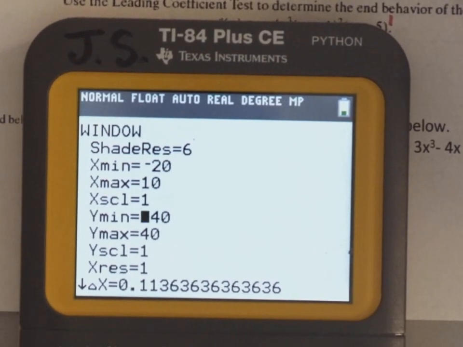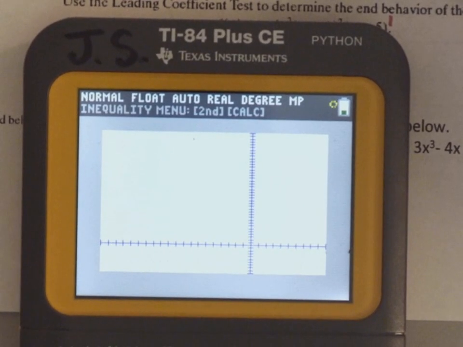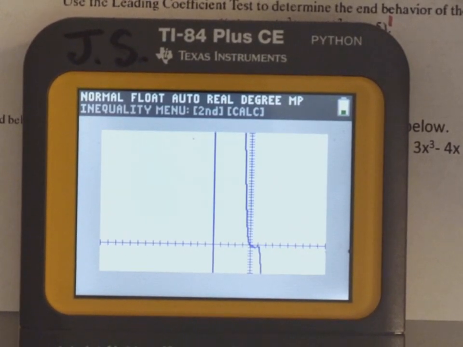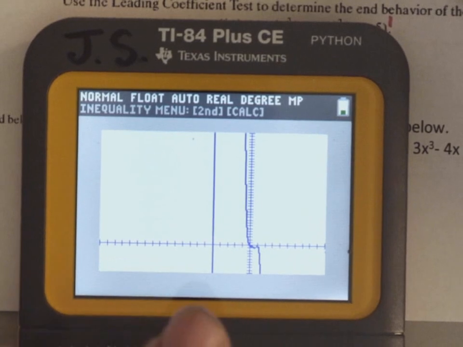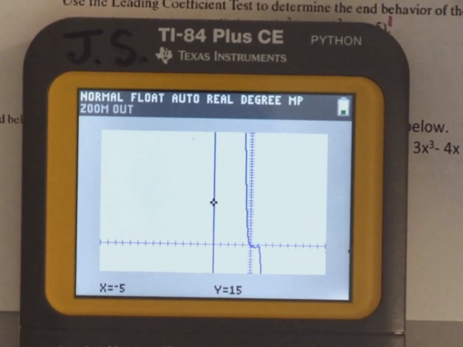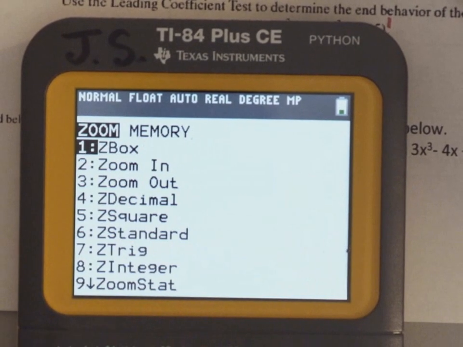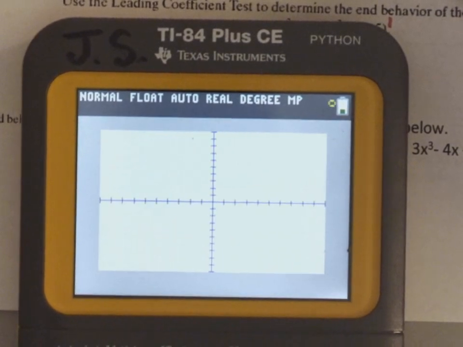Let's see, we don't need to go that low. Maybe -10, 40. Well, it's very zoomed in, so it's difficult to see. And that's even harder to see. Let's see, let's go zoom standard. Let's see what we got.